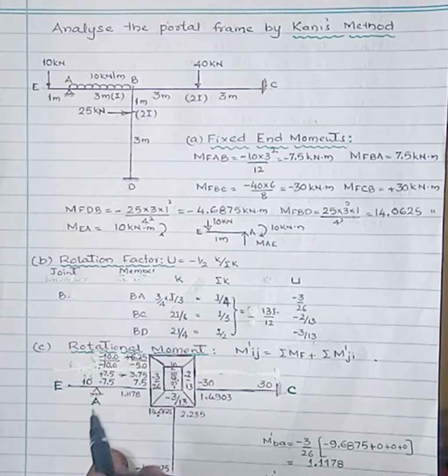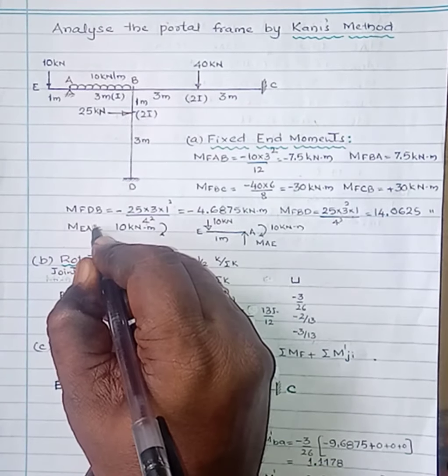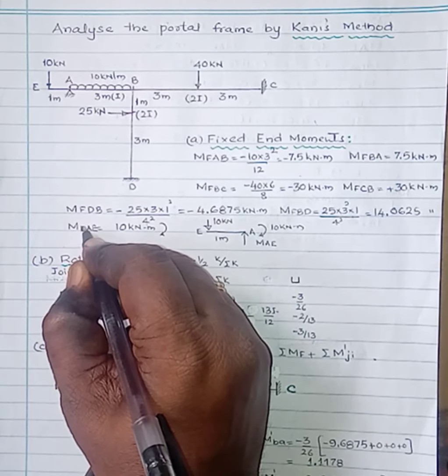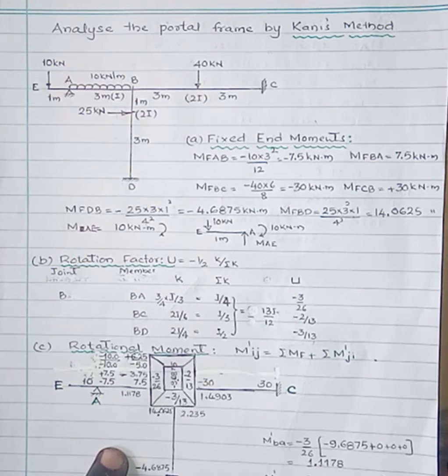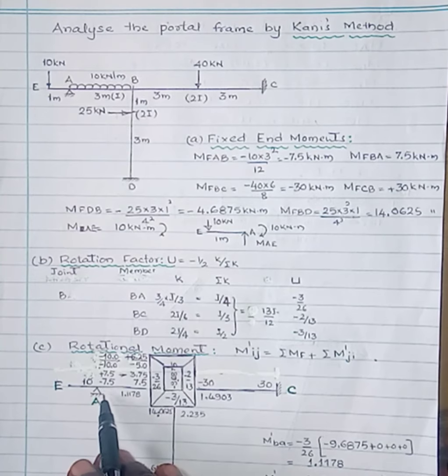Then here at this joint, that is at A, MAE we have calculated. MAE equals 10 kilonewton meter in clockwise direction.